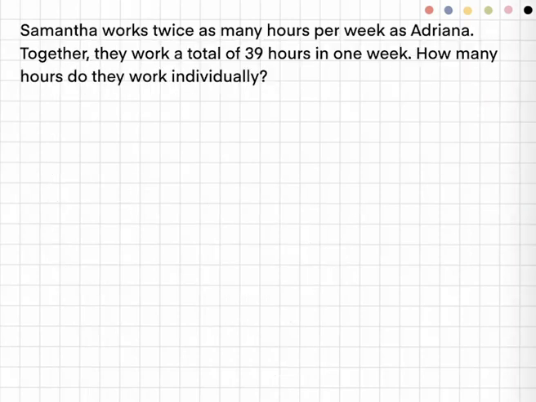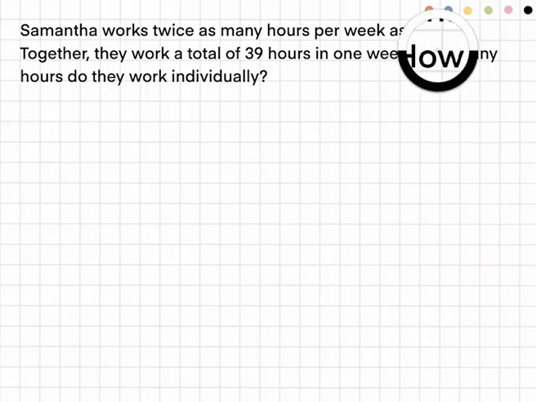Now let's see if you can apply your knowledge of the method of substitution to a word problem. Now this word problem is going to require us to make some algebraic expressions based on the content in the question. Okay, so let's break it down. We should just jump right in with our let statements. So let's figure out which variables we're going to use.